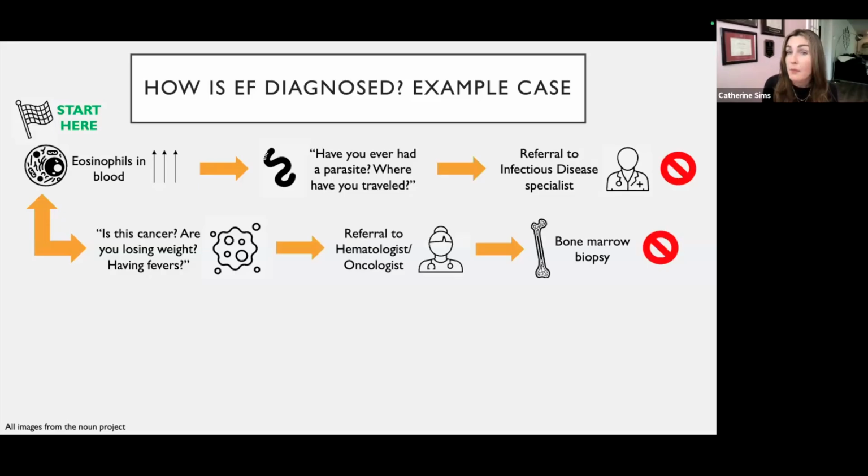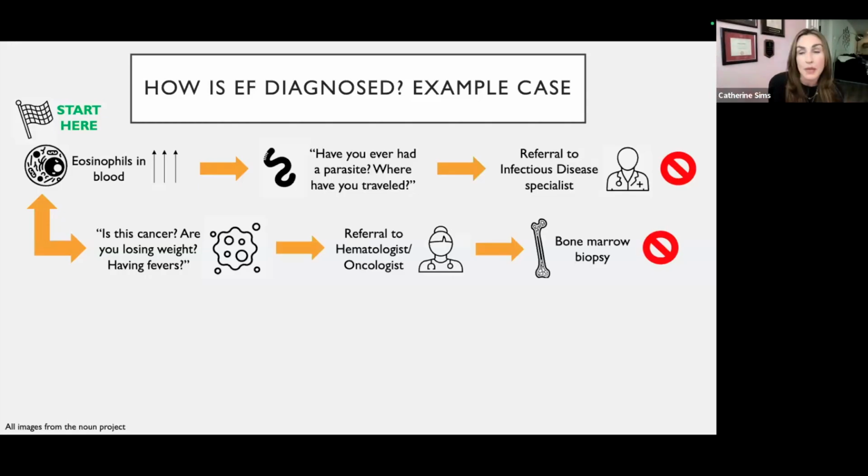And then they may or may not recommend a bone marrow biopsy because, like we said at the beginning, those eosinophils are originating from the bone marrow. And so this cancer doctor is thinking, okay, I need to evaluate the bone marrow to make sure I'm not missing the underlying cancer that's originating in the bone marrow and then is now causing elevated eosinophils in the blood work that we're seeing.